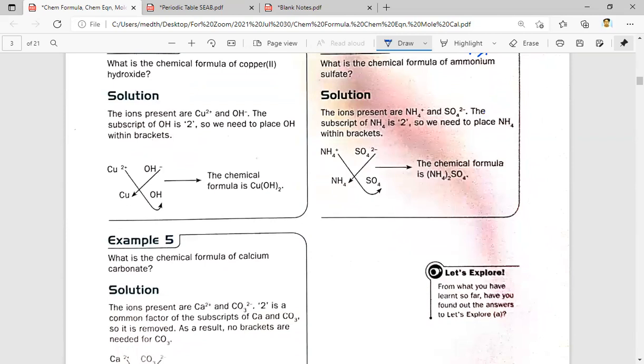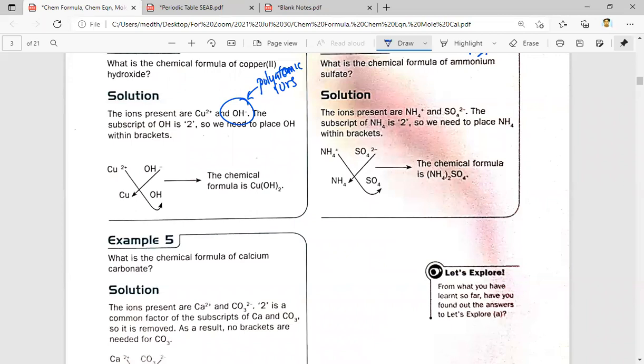Okay, now let's do a little bit where it gets a bit more chim, because we're gonna deal with what we call the polyatomic ions. So what exactly are polyatomic ions? It is where the ions constitute more than one atom. So OH minus is actually 2 atoms combining together to form the ion.